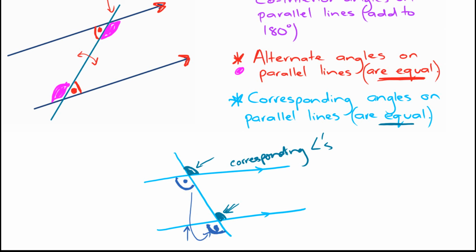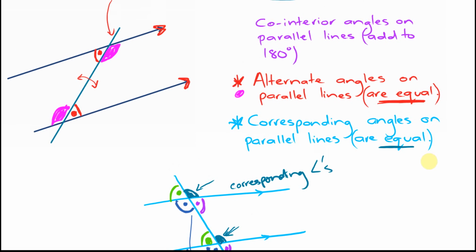So those two angles are corresponding. So the other pair of corresponding angles would be this one, that one there, and this one. So those two are corresponding to one another. And the last pair of corresponding angles would be this angle here, so that one and this one. So those angles are corresponding and they are equal.